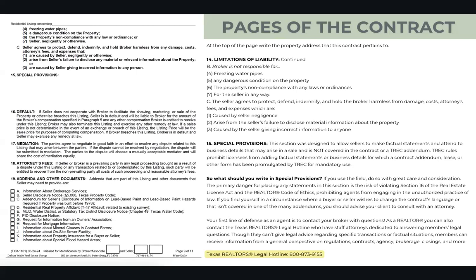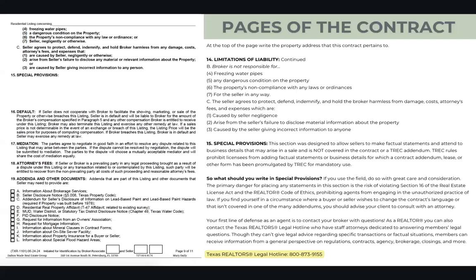The primary danger of placing a statement in the special stipulations is risk of violating the Realtor Code of Ethics, which prohibits agents from engaging in any unauthorized practice of law. So you should always use specific contractual language.